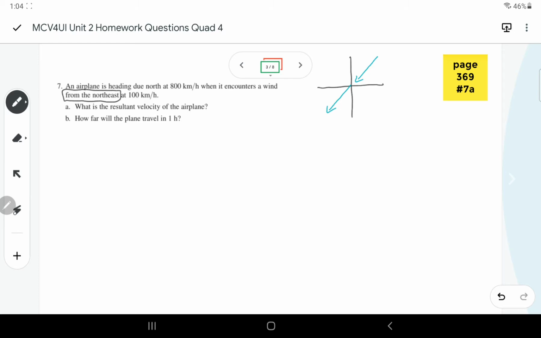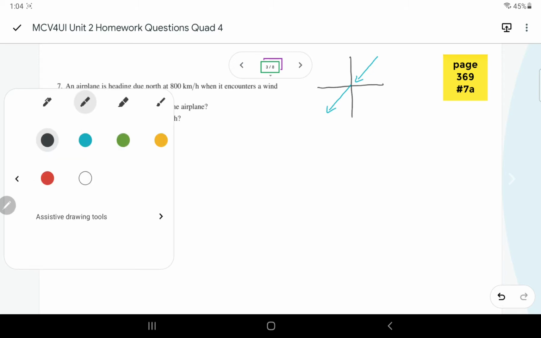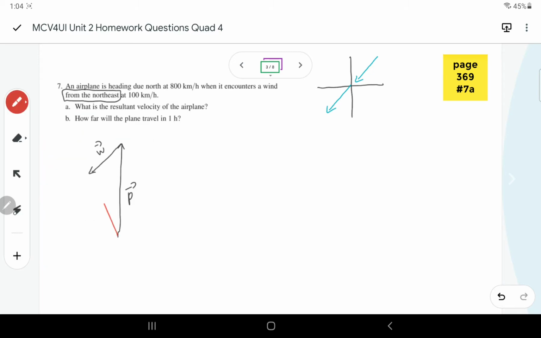So here we've got our plane traveling directly north, and the wind is coming from the northeast, which means it's going towards the southwest. We want to figure out what the resultant vector is. Remember, plane plus wind equals the resultant.